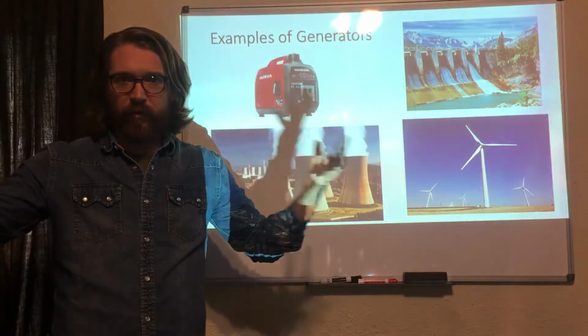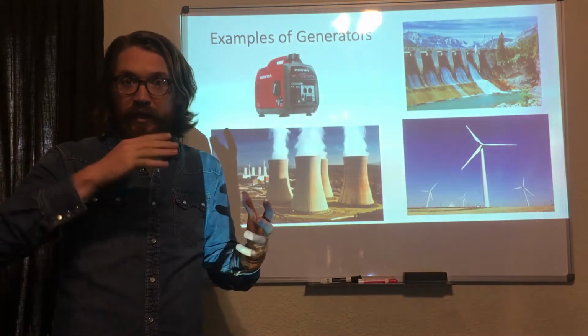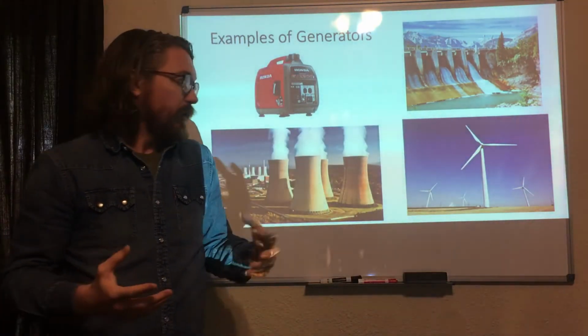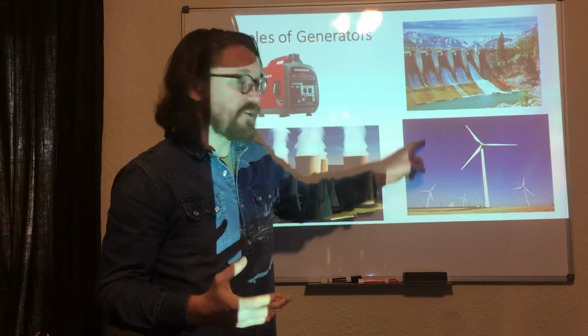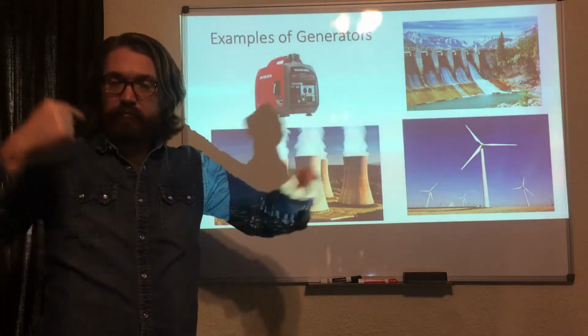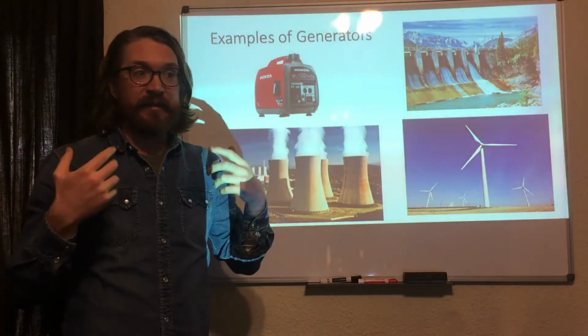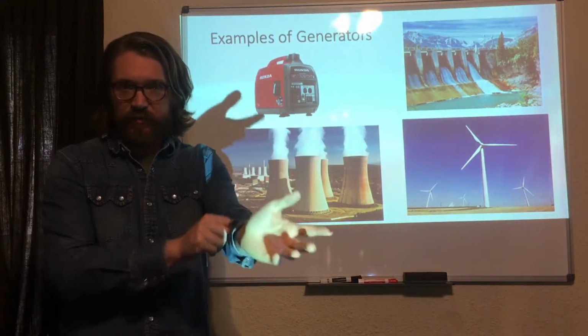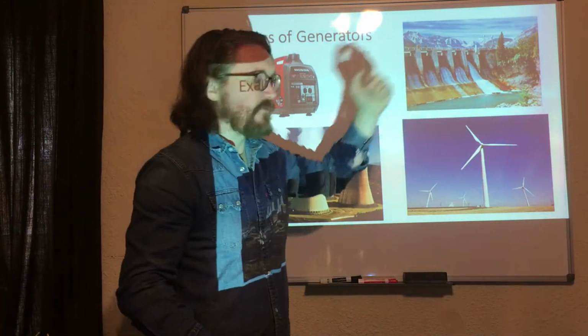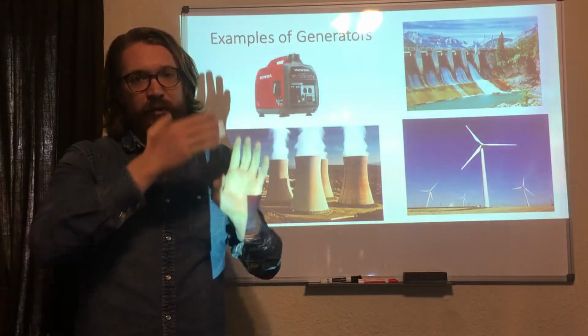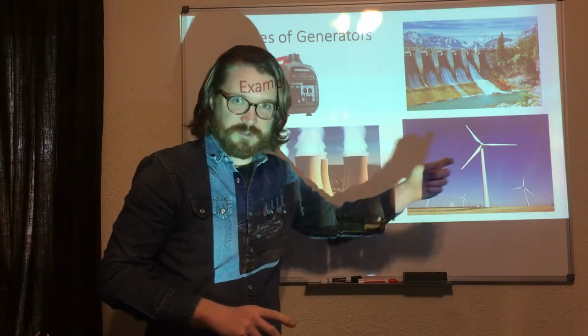Like, for example, windmills. You've seen windmills before. The way a windmill works is the wind pushes these big blades, which are called turbines, and as the wind pushes, the turbines spin. Inside of the turbine, there's a magnet. That magnet moves through a coil, and voila, you've created electricity. Same thing for a hydroelectric dam. Water goes through the dam. As it's going through the dam, you guessed it, there's a turbine.